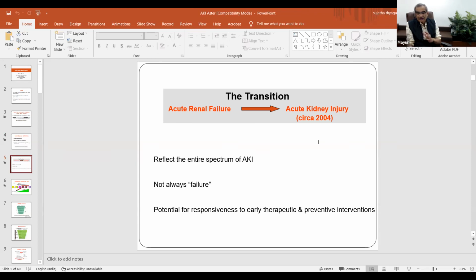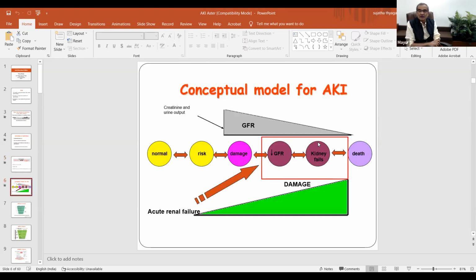So please remember that the terminology of acute kidney injury is helpful to grade the various stages of AKI, and it will also address the issue of early detection and potential for responsiveness to early therapeutic and preventive interventions. So this is the conceptual model of AKI, which you are all familiar with.